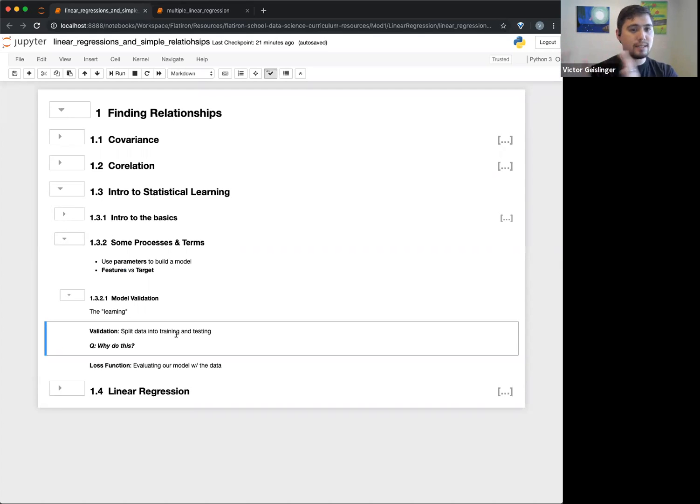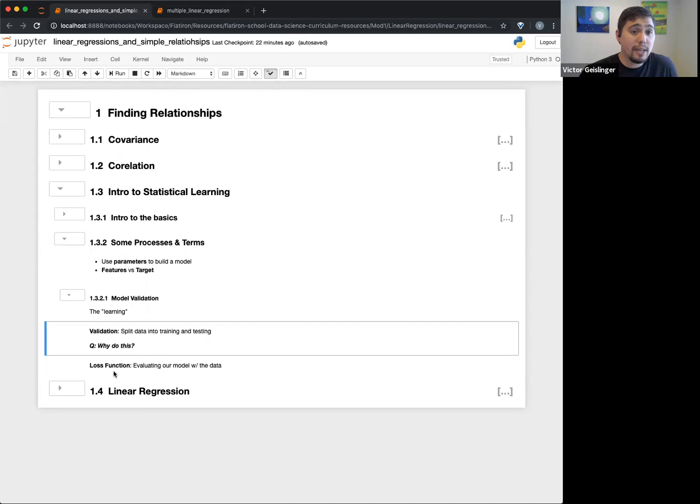That's where testing and training come back and forth, and that's the why. We don't want to give it all the data and have it learn really well on that data, and then give it some new information and have it be completely wrong because it never considered that possibility. So that's why we split training and testing.